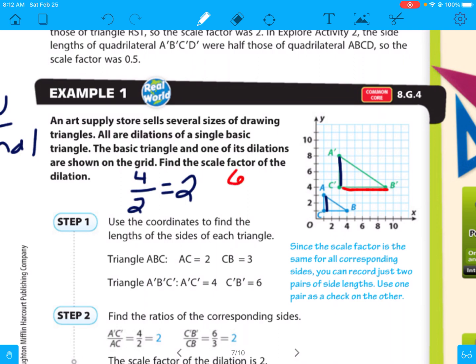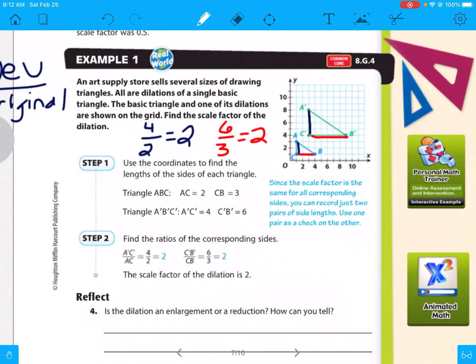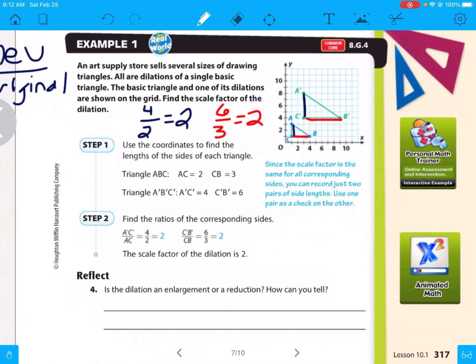So we're going to have 6. That's your new divided by original, which is the one without the primes. From C to B is 1, 2, 3. 6 divided by 3 is 2. So the dilation is a scale factor of 2. Both of these triangles are the same exact shape. They're just different sizes, which means it is similar.